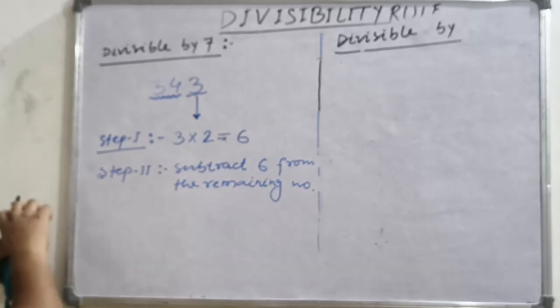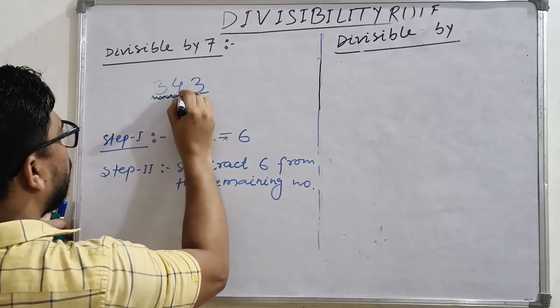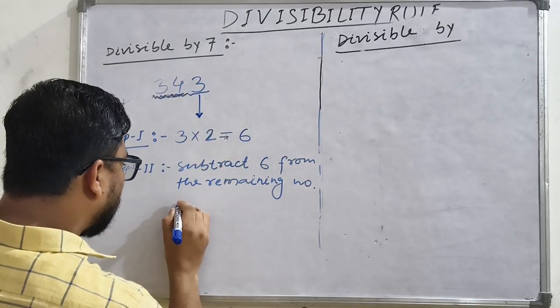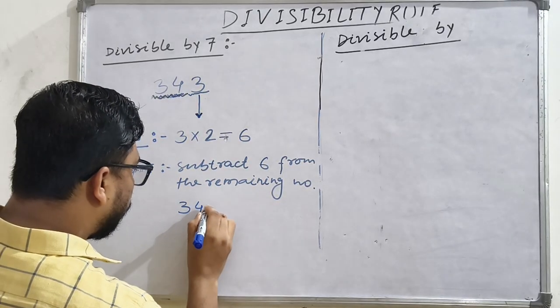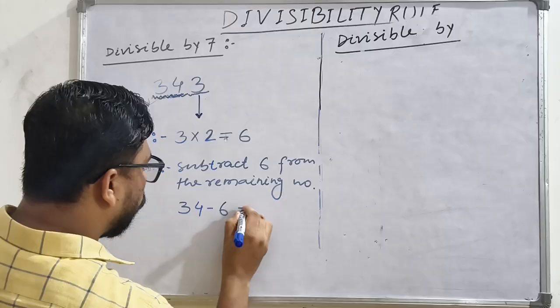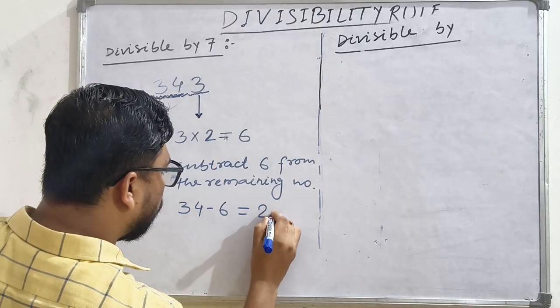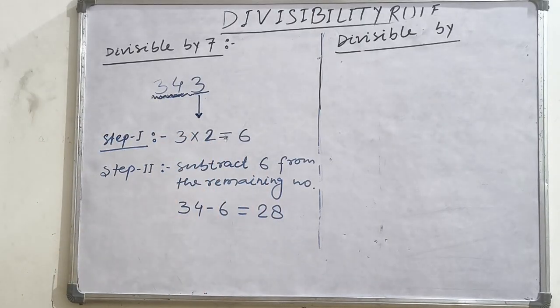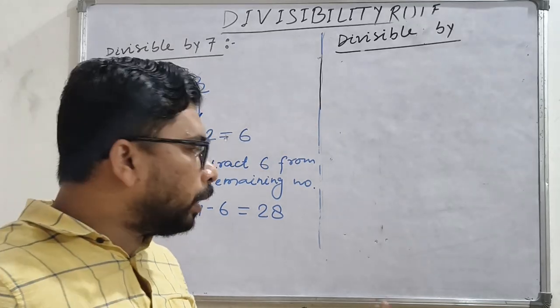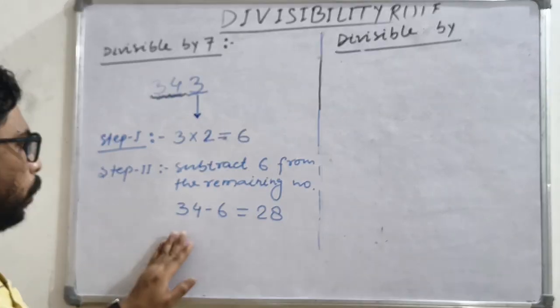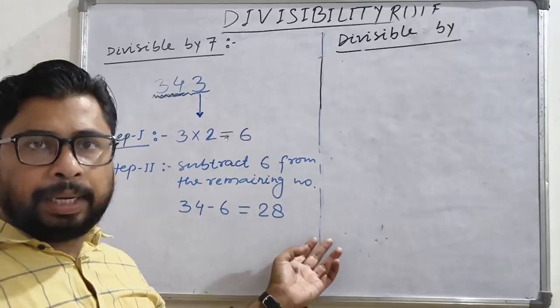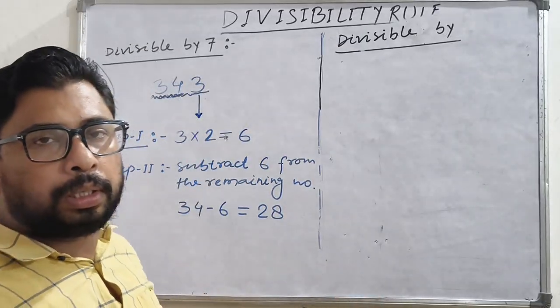What is the remaining one here? The remaining one here is 34. That is 34 minus 6, which is equal to 28. Now, can you say that 28 is divisible by 7 or not?